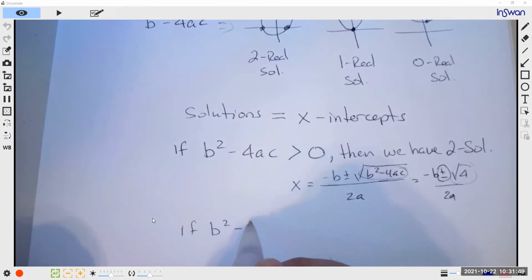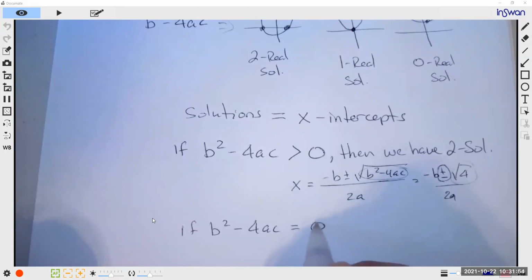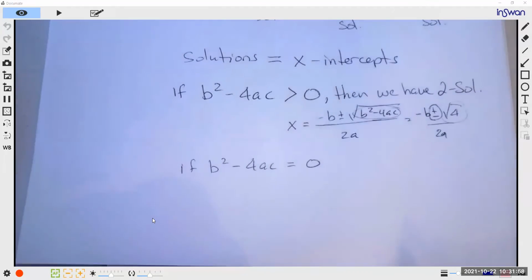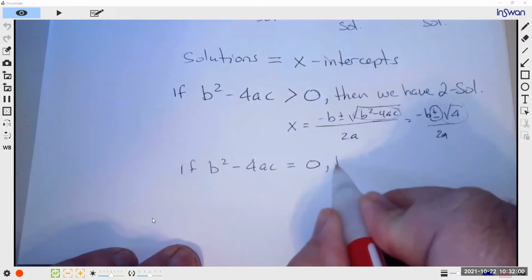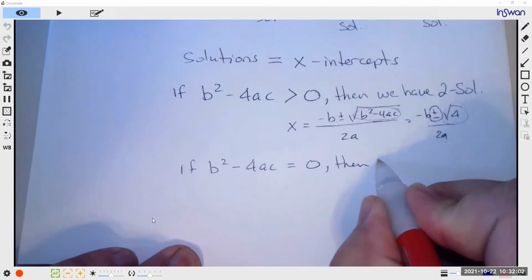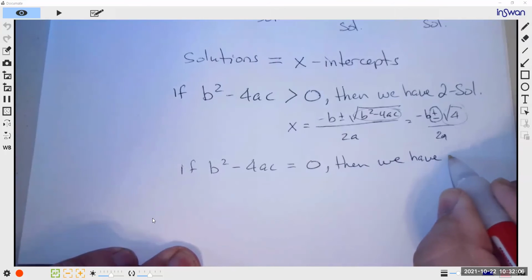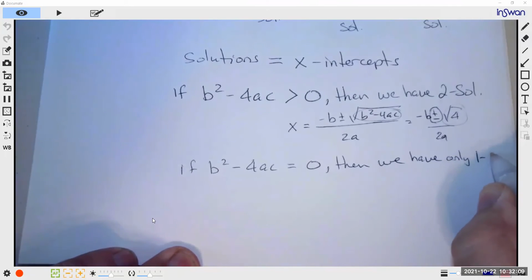If b squared minus 4ac is equal to 0, then we have only one solution.